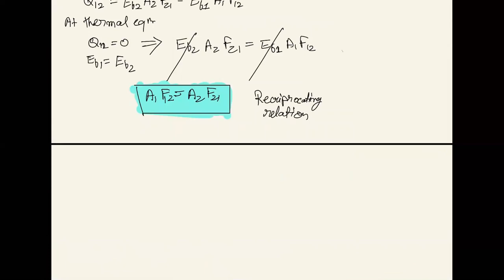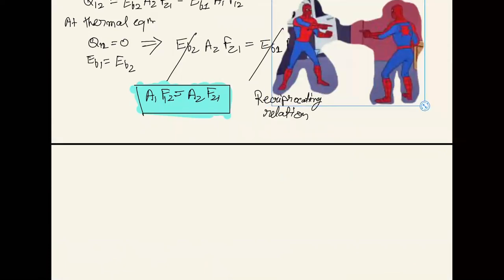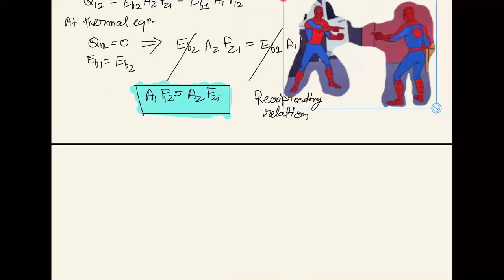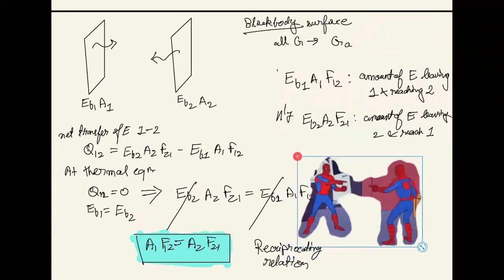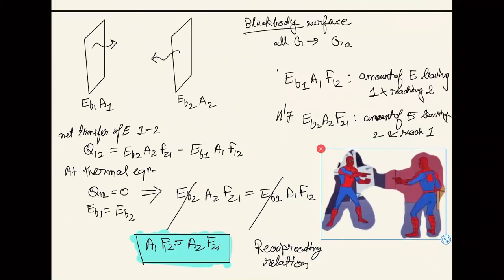What the first Spider-Man sees in the second Spider-Man, the second can see the same in the first. This reciprocating relation is something like that, and it is very much sacrosanct. So he's saying I can see this much, he's also saying I can see this much. I hope this is clear.